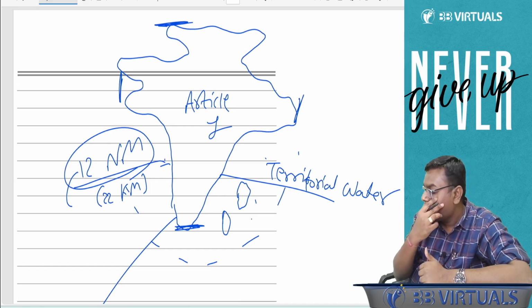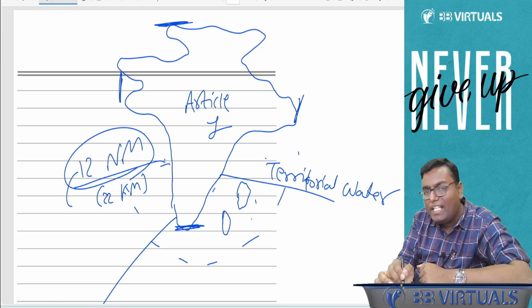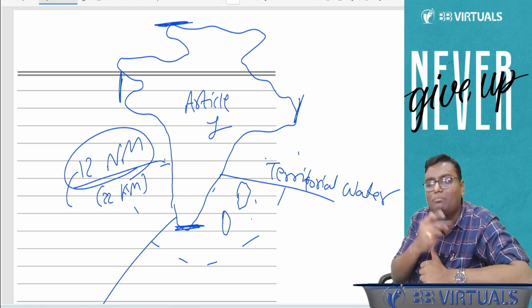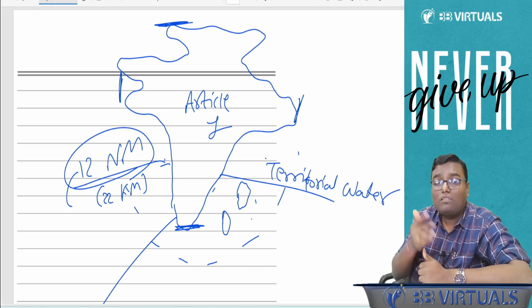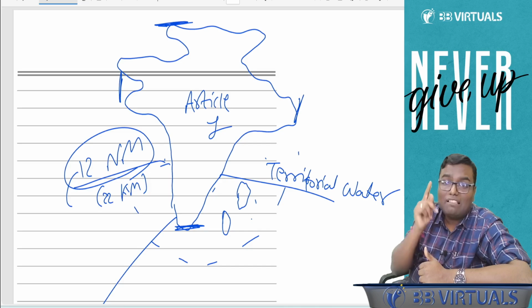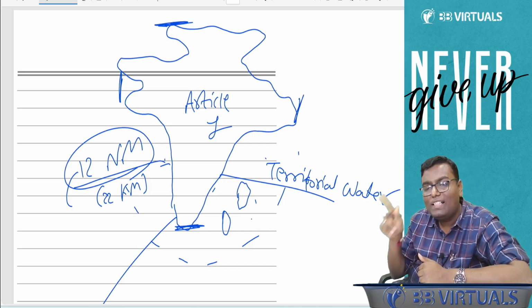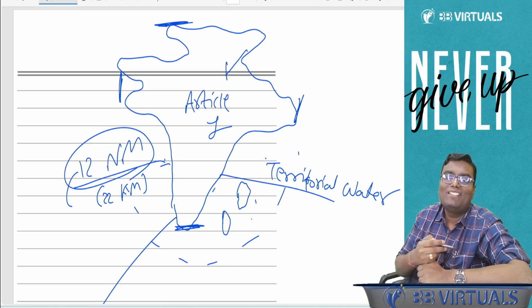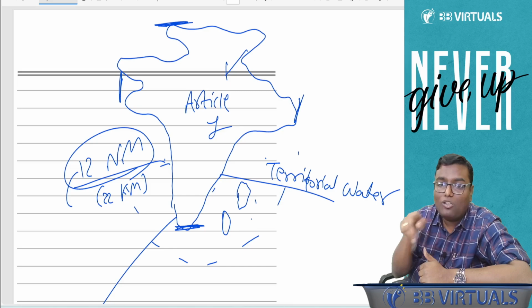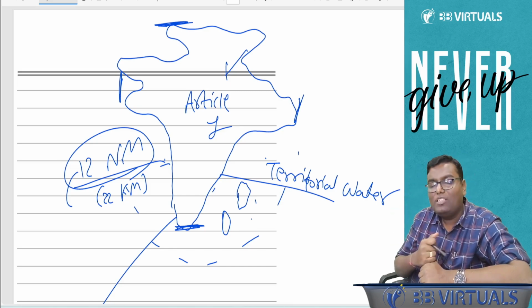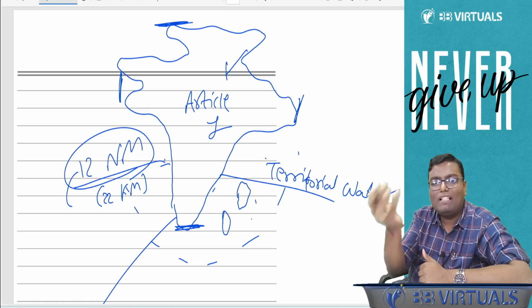My doubt is, if he left India and is now in water, how can Indian police arrest him? Because he was within 12 nautical miles, which is territorial water, in which all the territory of the Indian government is there. So Indian police can go there and arrest any person because that is a part of India. So up to 12 nautical miles, whatever is the water is called territorial water.